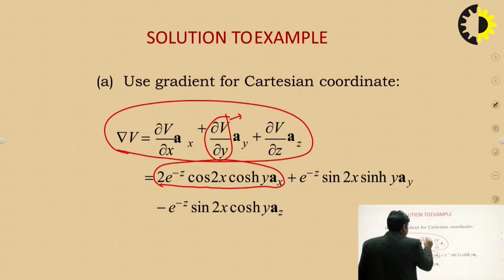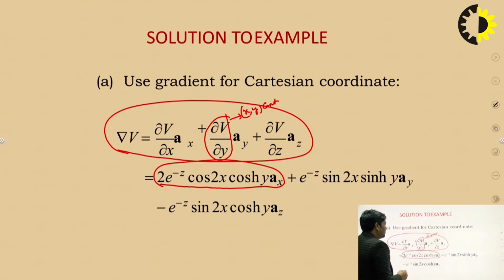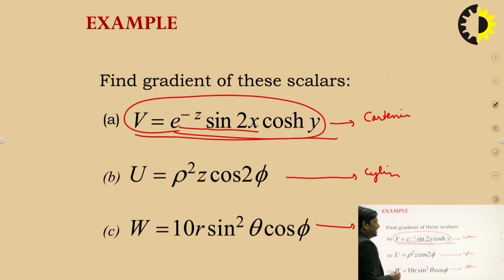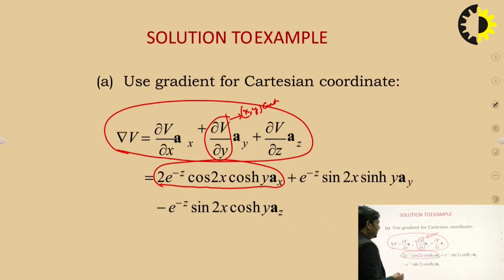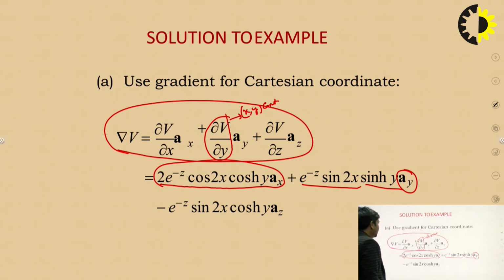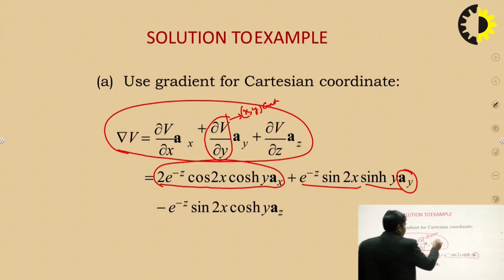In this case x and z are constant, so we differentiate e raised to power minus z sine 2x cos hyperbolic y, and the differentiation gives sine hyperbolic y. So we get e raised to power minus z sine 2x sine hyperbolic y in the direction of ay.